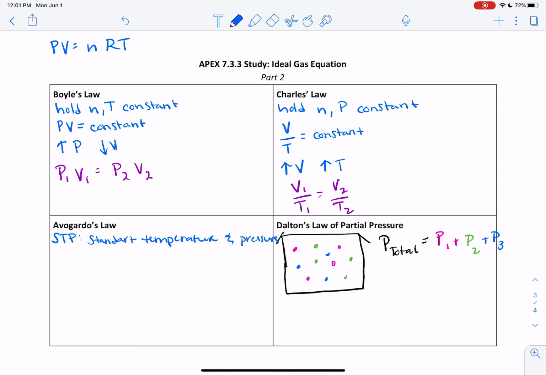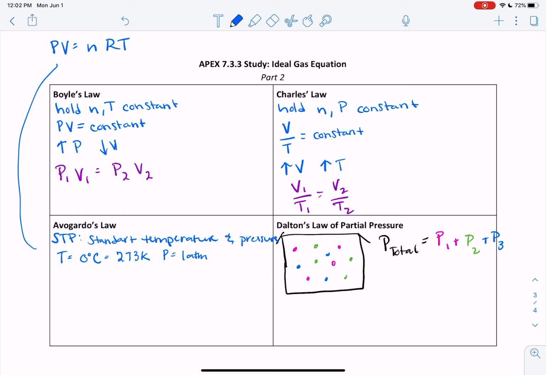Okay, and what this means is scientists use a specific temperature and pressure when they're looking at different types of problems. And that standard temperature is going to be 0 degrees Celsius, which we know is equal to 273 degrees Kelvin. And the pressure is 1 atmosphere.